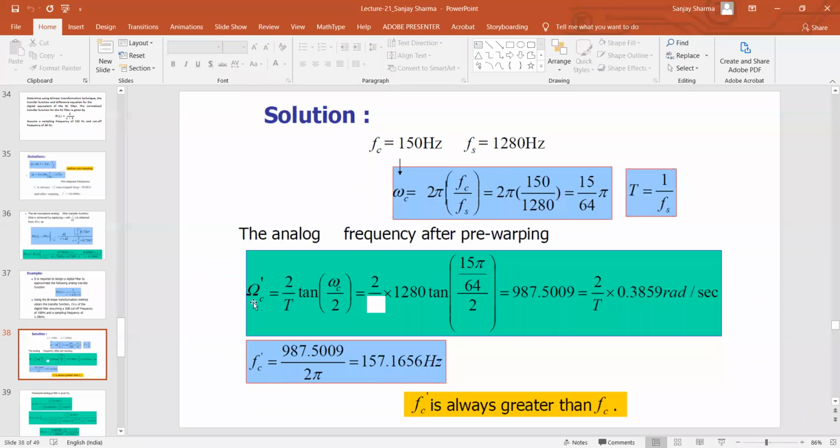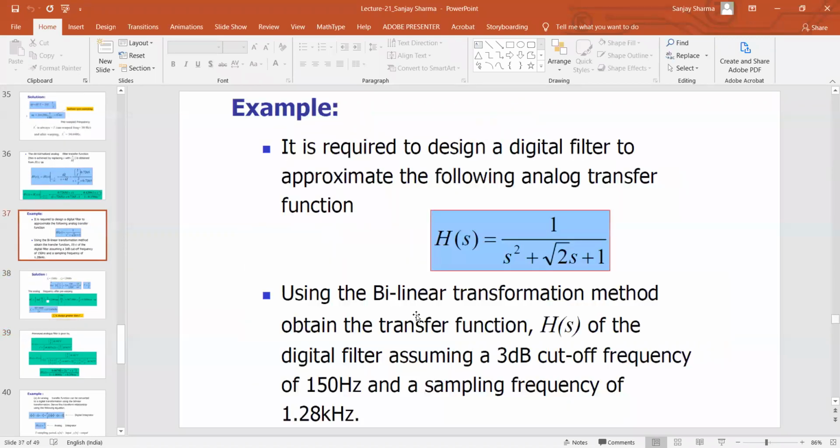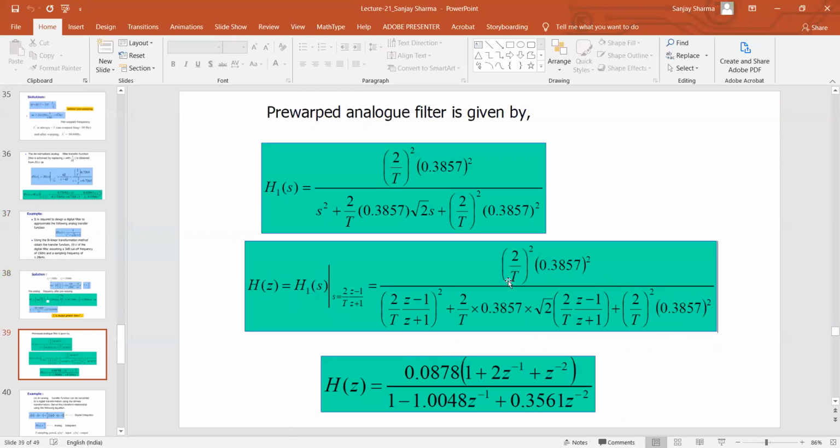I will use this omega c dash, which I have obtained as 2 by T times 0.3859, to denormalize my transfer function. How to denormalize it? Replace every s with s by capital omega c dash. Once I do that, I will get the analog filter.